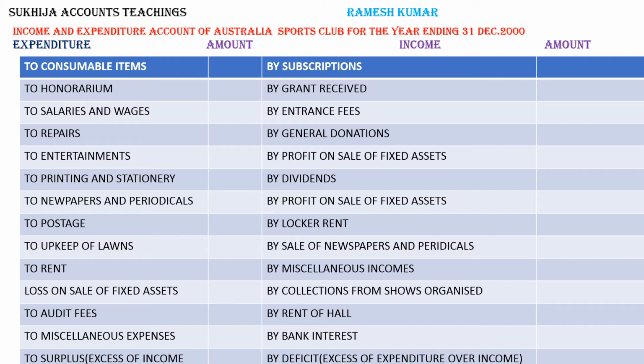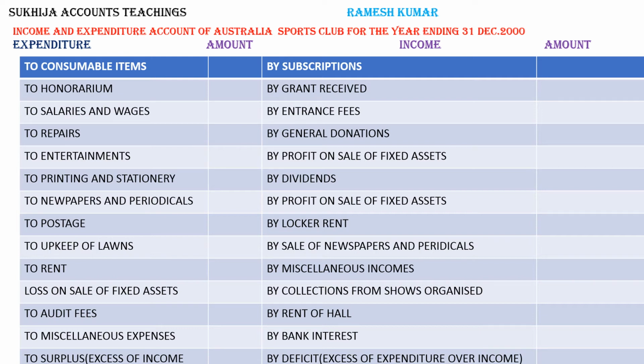By profit on sale of fixed assets. If the fixed assets have been sold at profit, whatever profit we have earned, we show on the income side. By dividends. Dividends are the return on shares. If we buy shares or units of some company or government, then whatever return we get on them is called dividend.